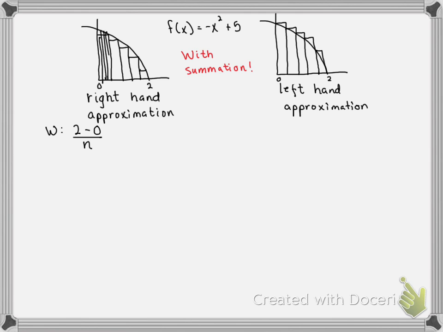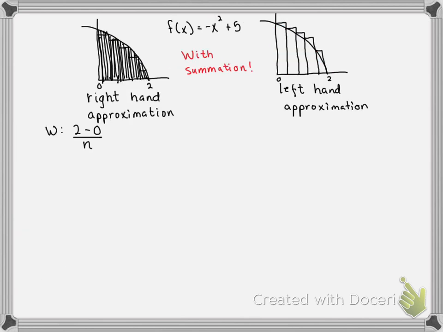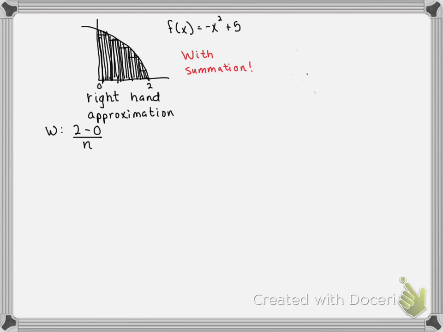In other words, we are putting in an infinite number of rectangles. Back here we had n equals 5, so 5 rectangles. When we put in an infinite number of rectangles, you don't know how many you've got; you are approaching infinity. Now the height of each rectangle, this is very important.